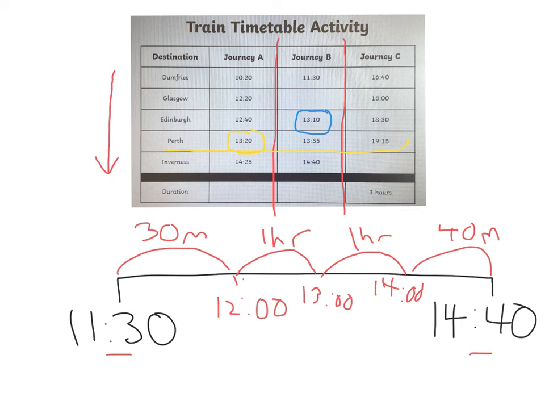So then I would just need to add all these up. So an hour added together gives me 2 hours. Add 40 minutes onto that gives me 2 hours and 40 minutes. And add 30 minutes onto that gives me 3 hours and 10 minutes. So I know that the entire journey for journey B takes 3 hours and 10 minutes.